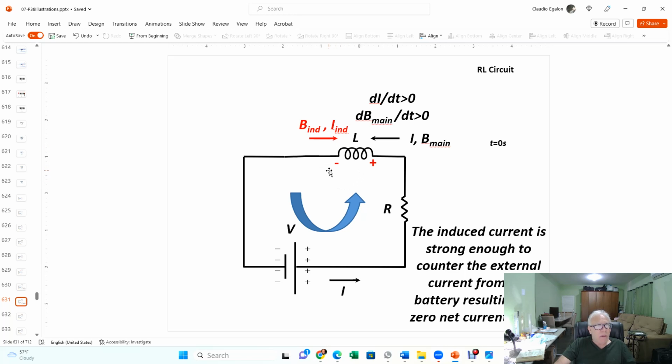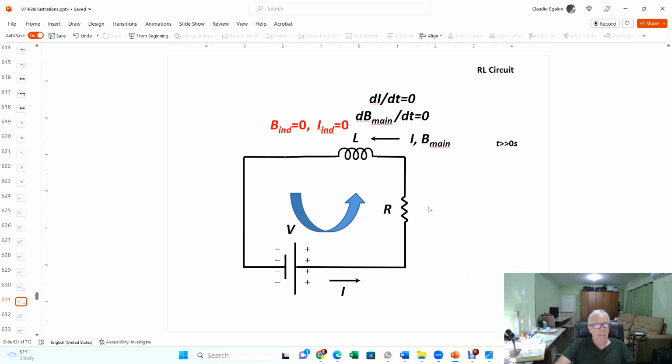We have a concentration of negative charges on one end of the inductor, and a concentration of positive charges on the other end. So it is as though at this very instant of time, the inductor behaves as a battery that is working against the main battery. Okay?